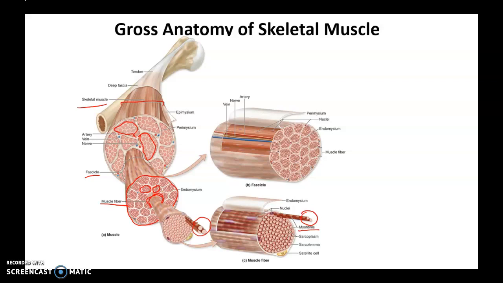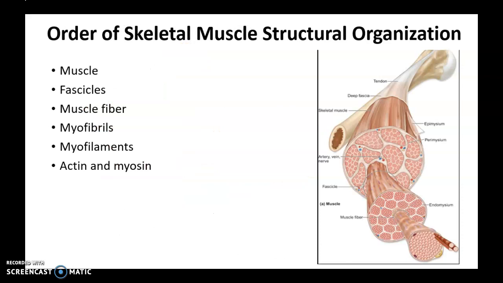So we have muscle, fascicle, muscle fiber, myofibrils, and myofilaments. Muscle fiber is made up of myofibrils. Myofibrils are made up of myofilaments, two types we talked about: thick and thin filaments. Thick filaments are made up of myosin protein, and thin filaments are made up of actin proteins.